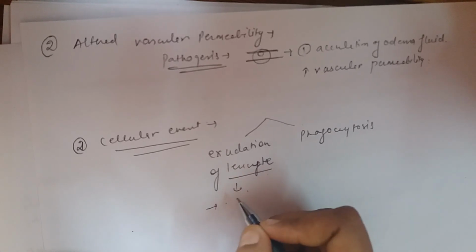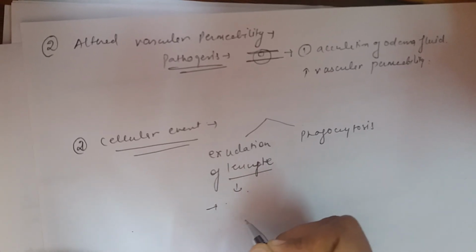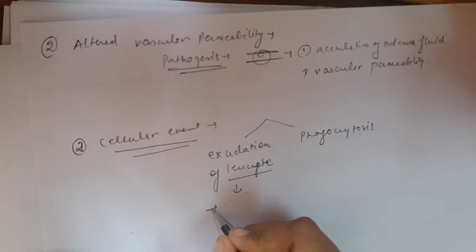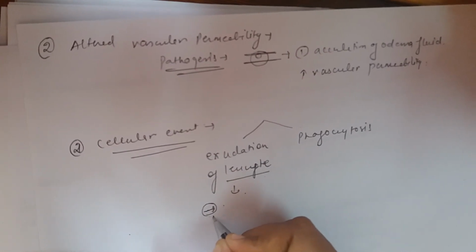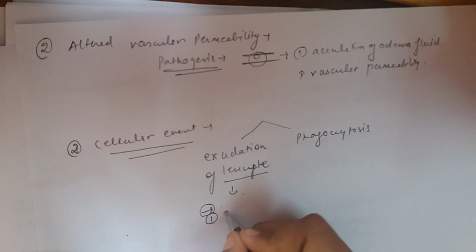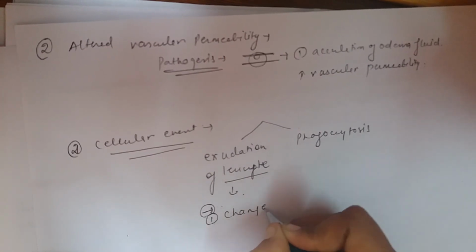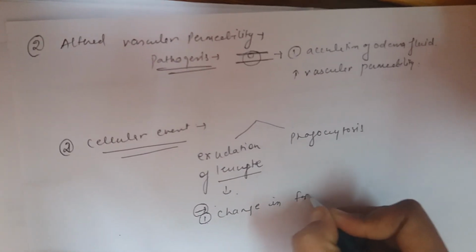There are also changes leading to the migration of leukocytes. First is a change in the formed elements of the blood.